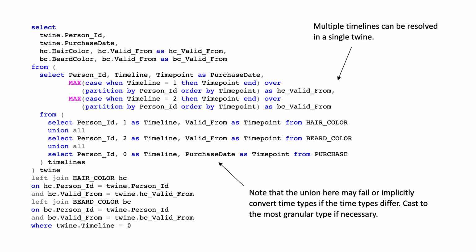So if valid from have different granularity in beard color and hair color, you have to ensure here that you are casting the values to a type that is granular enough to be able to represent both timelines.